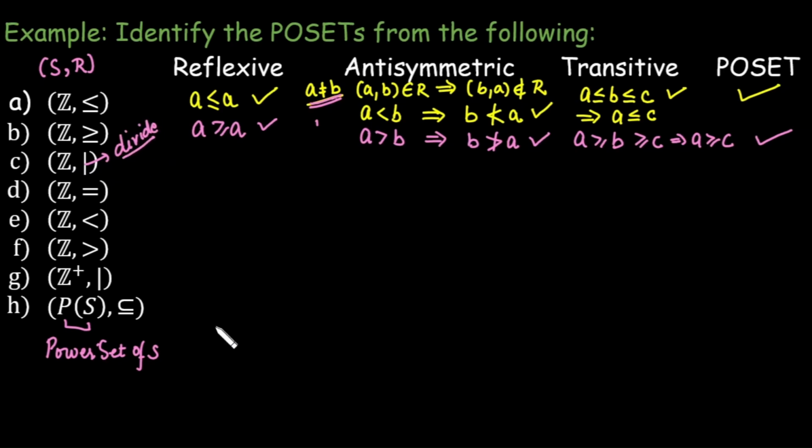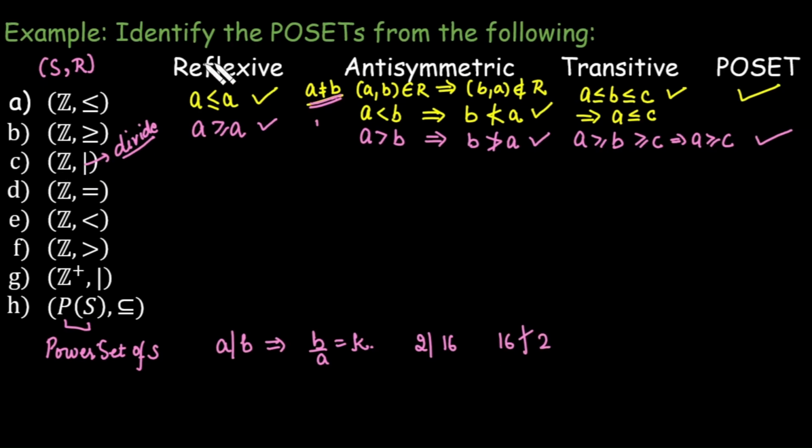Divide relation means if A divides B, then B by A is equal to some integer, meaning B is divisible by A. Like 2 divides 16 but 16 does not divide 2.